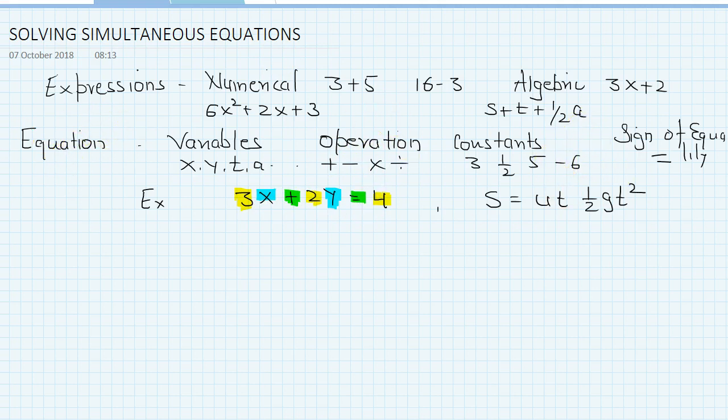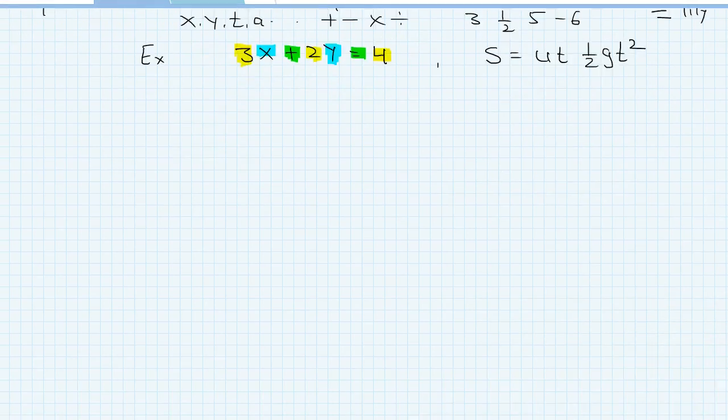Now, solving simultaneous equations. If an equation has one variable, for example 3x plus 2 is equal to 11, we can solve this equation by itself because there is only one variable.